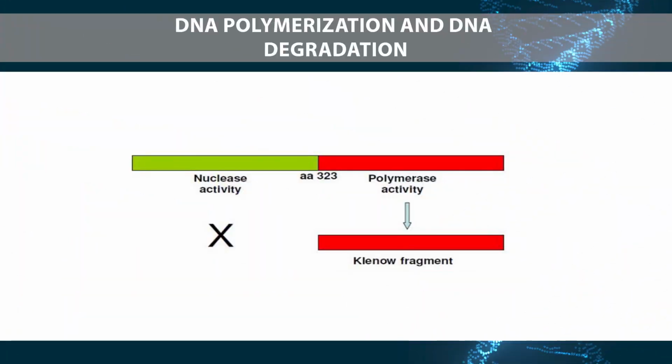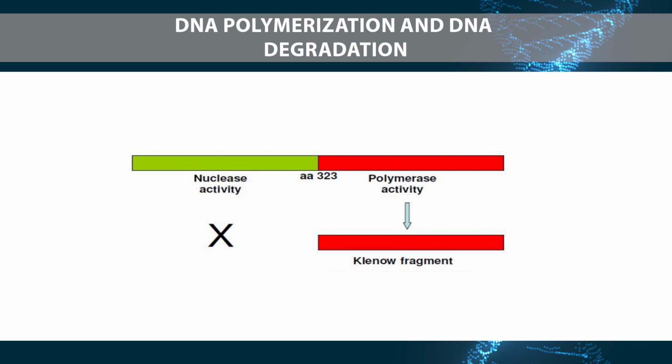Then we have another major example of DNA polymerase, that is Klenow fragment. So, what is the benefit of this? DNA polymerase 1 has a dual activity, as we have seen in the last figure: DNA polymerization as well as DNA degradation. Degradation how? Because of the nuclease activity, it is replacing the existing nucleotides. But this Klenow fragment lacks the nuclease activity. So, what will it do? It only has polymerase activity.